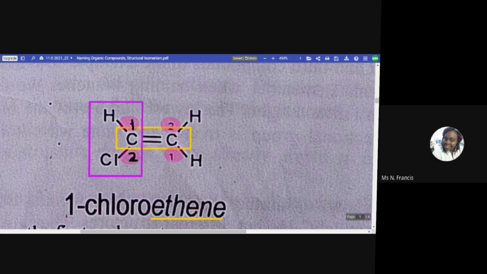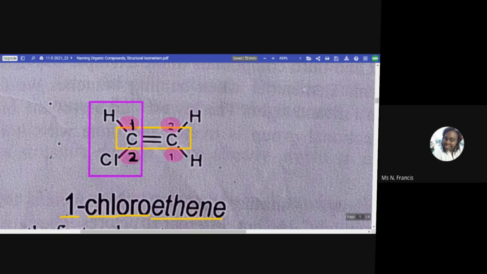My rule says I am to use the lowest number. 1, 2. The lower of the 2 numbers here would be carbon number 1. And so that is now the position for the branch group. So the name of this is 1-chloroethene. Chloro because the branch is chlorine.